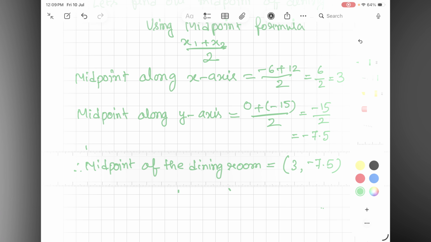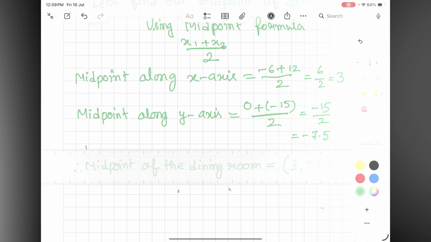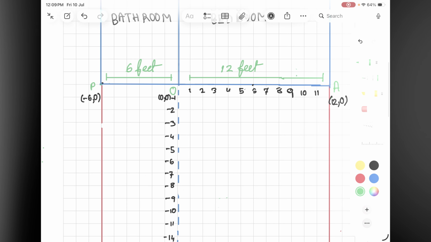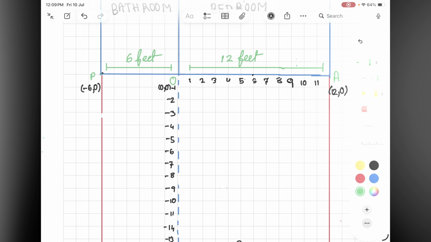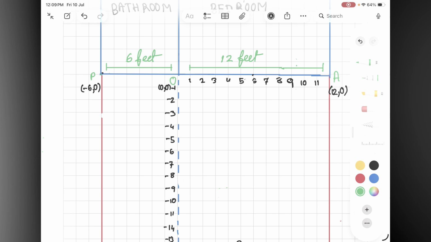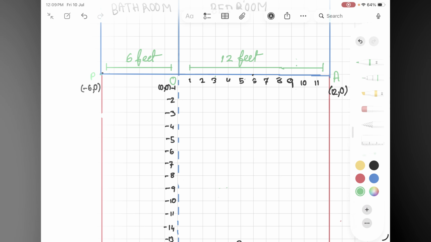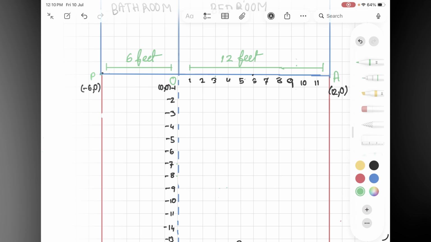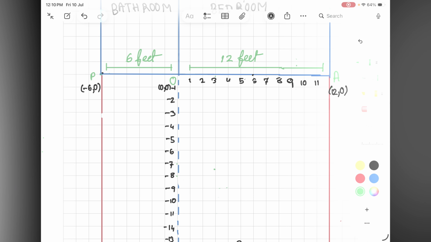Let's locate it on the graph. 3 is the x coordinate: 1, 2, 3 from the origin, 3 units. And -7.5 is the y coordinate, so go down till -7.5. That means in between 7 and 8, in between is 7.5. So this is the midpoint, the center of the dining room.